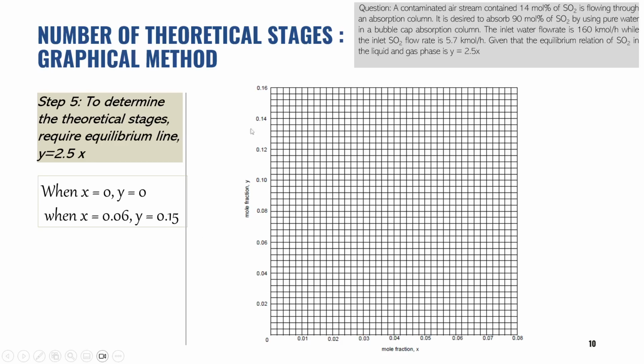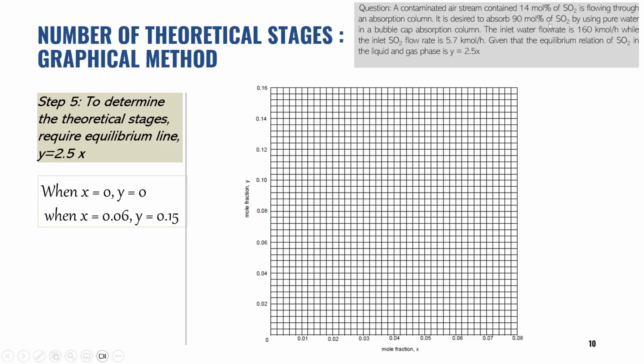Okay, so if we have a graph here, the exit stream only contains, for example, like this. If we take out all the 100% of 14 mole percent of SO2 from the airstream, the highest mole fraction is 14 mole percent.